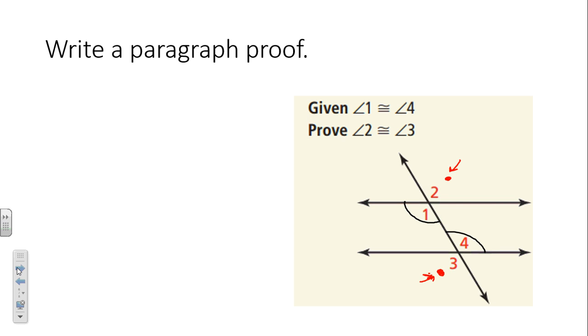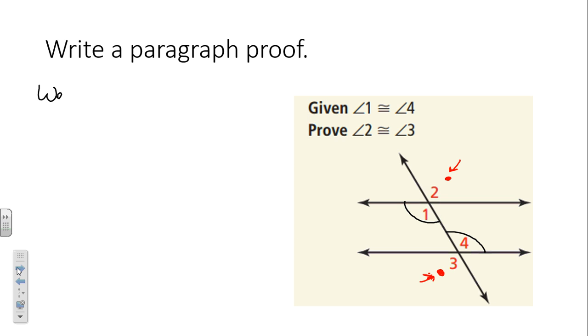Okay? So how do you think we're going to do that? Start with a given, absolutely. So in a paragraph proof, instead of 2 columns, we just start conversationally.